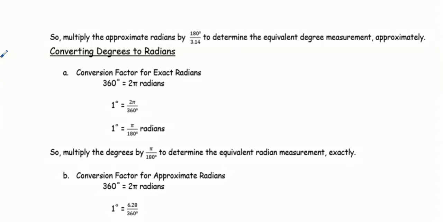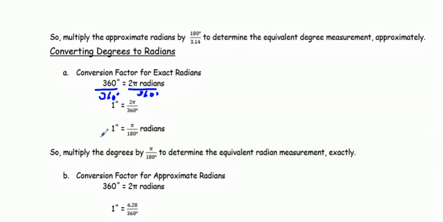Converting degrees to radians, well, we know that 360 degrees, again, is 2 pi radians. If I have 1 degree, so if I'm just dividing this by 360, then I get that 1 degree is 2 pi divided by 360, which simplifies to pi over 180 radians. So now that's what 1 degree is in radians.